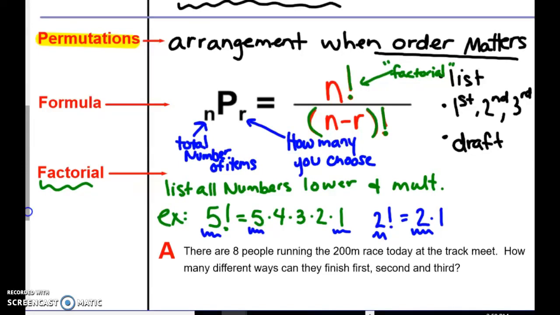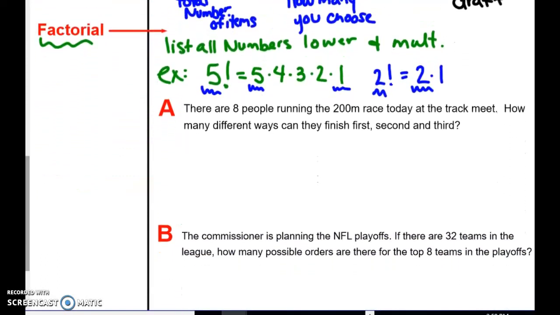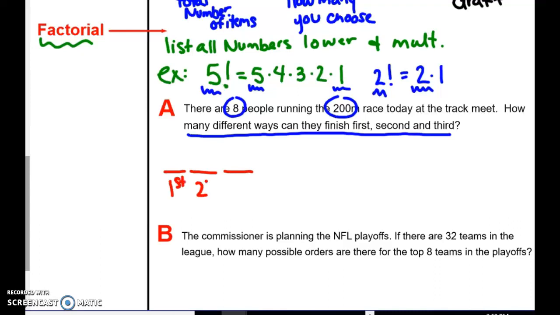So, this first question that we have here says there are 8 people running a race. They're running the 200-meter race today at the track meet. How many different ways can they finish first, second, and third? If we were doing this yesterday, we would do it like this: first, second, and third.